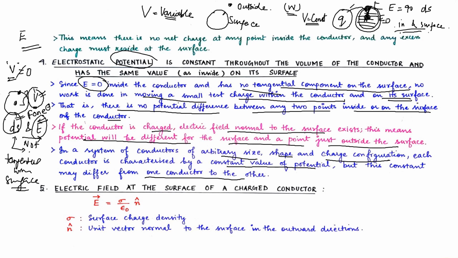Arbitrary size, shape, and charge implies no uniformity. Everything is different. So for each conductor, there will be a constant value of potential. This is one conductor, right? These are conductors. So this will have one value, V1, V2, V3, V4, like that. Every one will have their own characteristic, but will differ from each other.